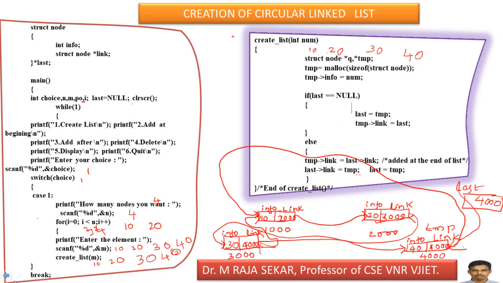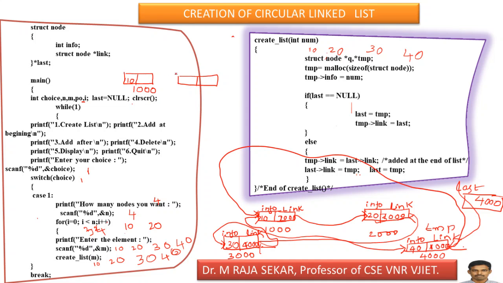Yes, let me select the pen. Okay. This is the first node. In the first node, what do we have? 10, whose address is 1000. This is the second node.